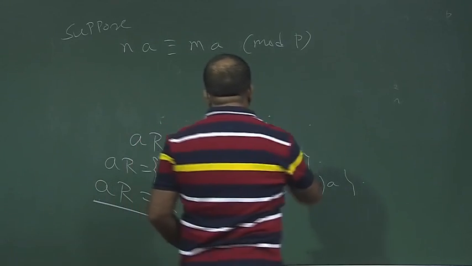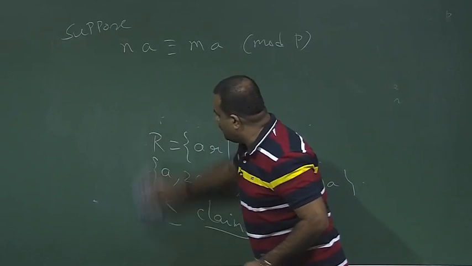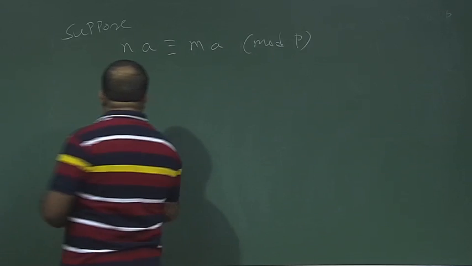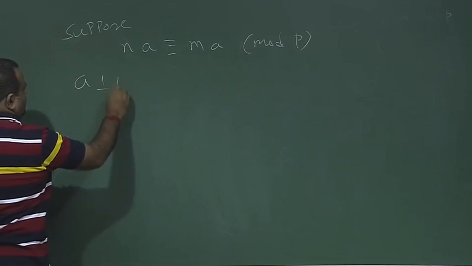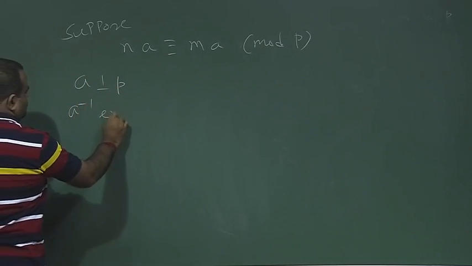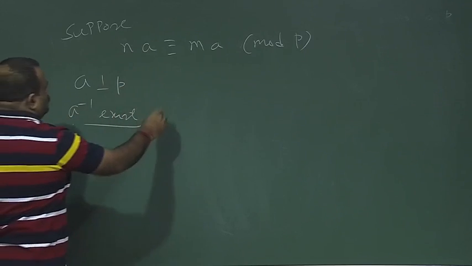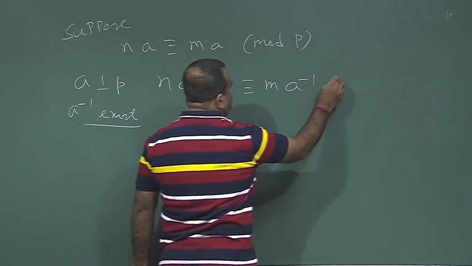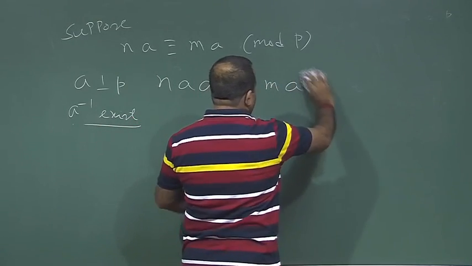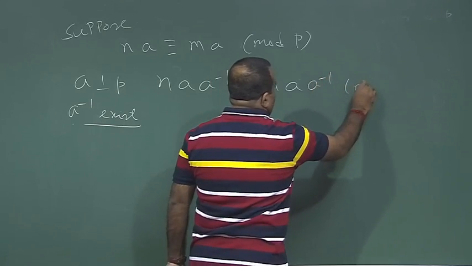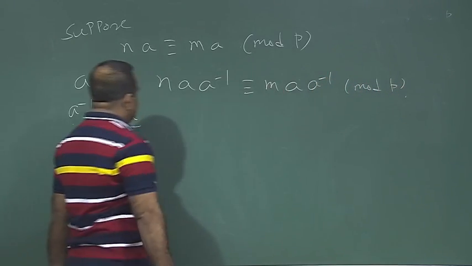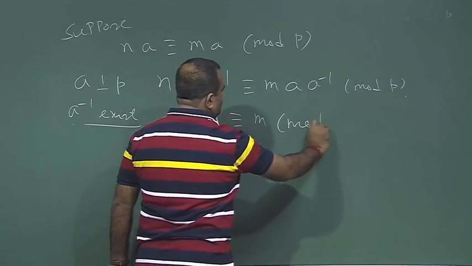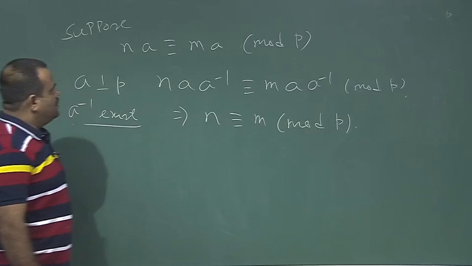Then what can we say? Now, A is co-prime to P. So, that means A inverse mod P exists. So, we will apply A inverse on both sides: N A times A inverse is congruent to M A times A inverse mod P. So, this implies N is congruent to M mod P. Okay.